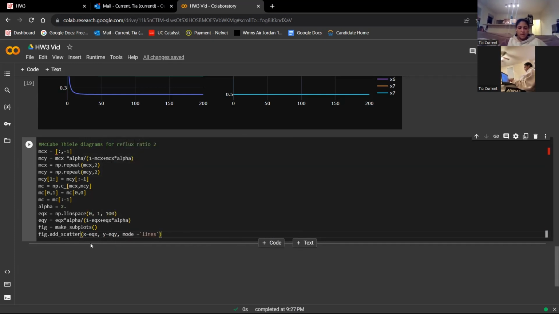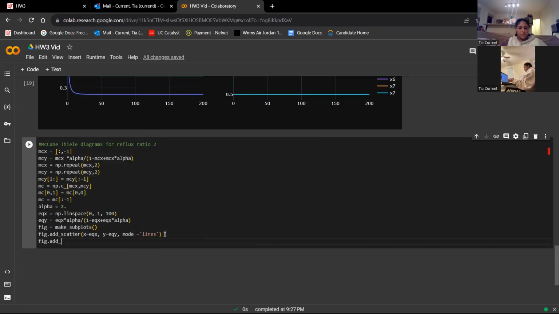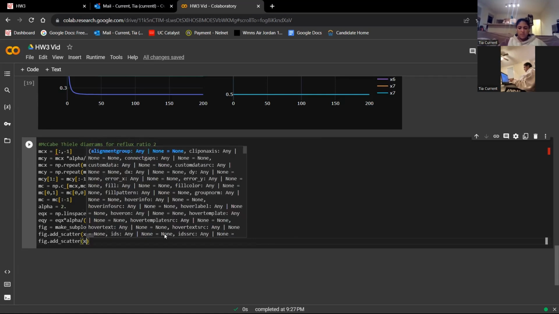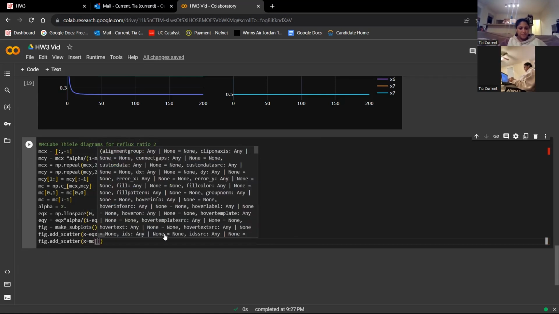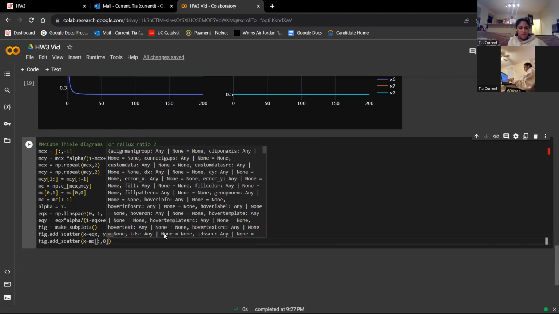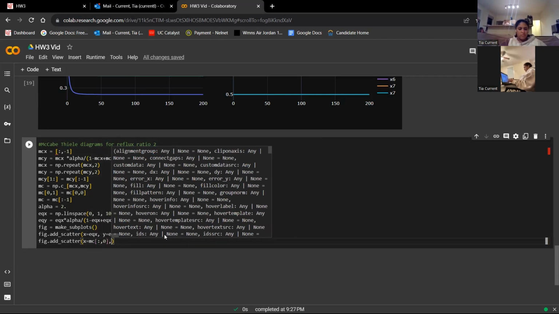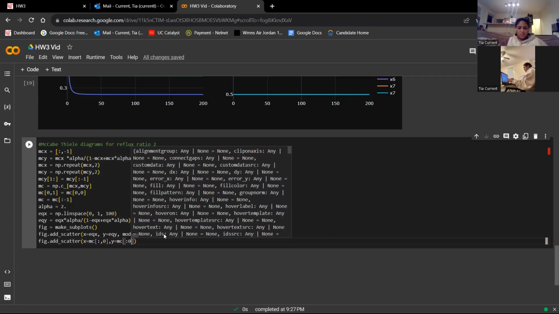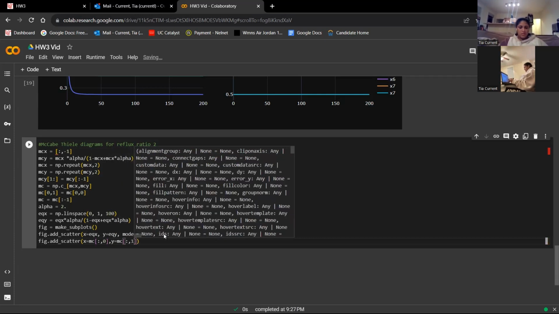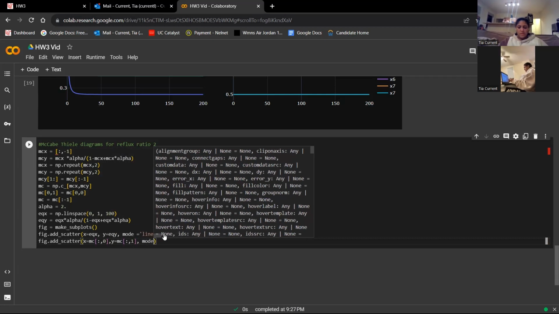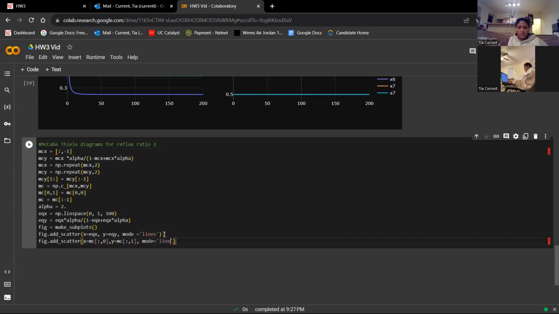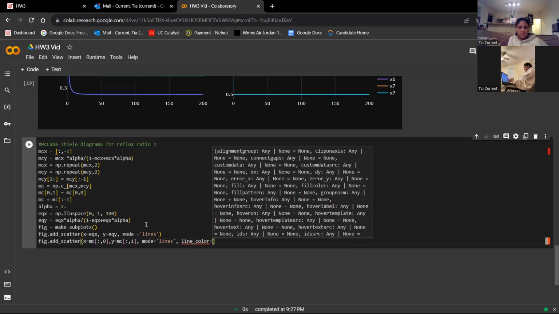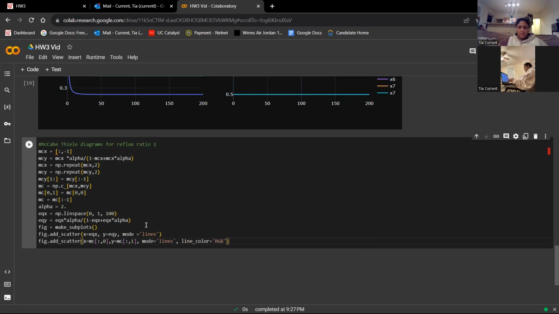Lines. Add X is equal to MC. Y is equal to MC 1, comma, lines 1 underscore color equals RGB.